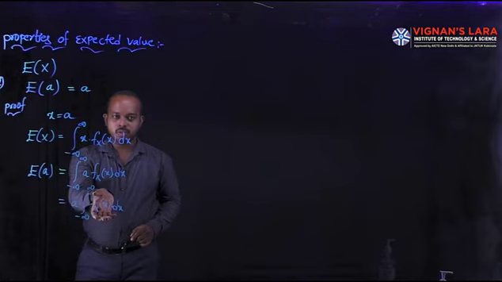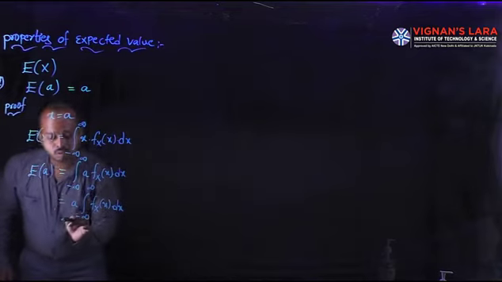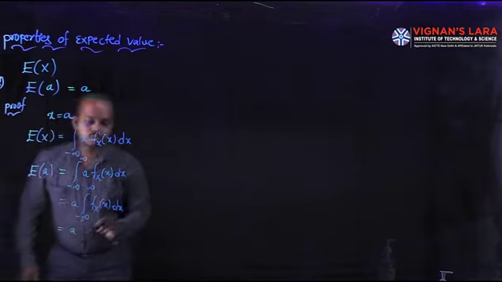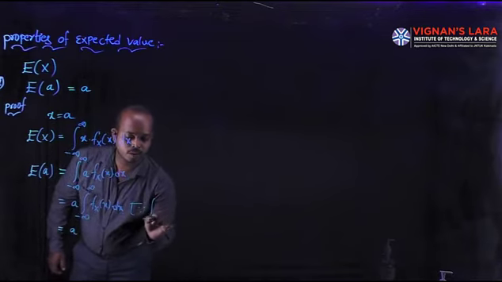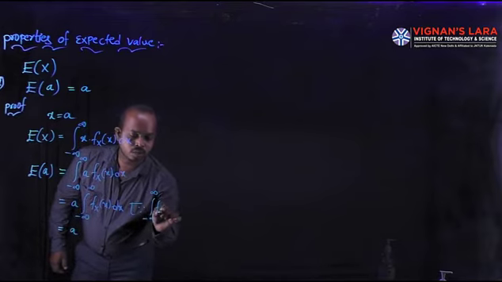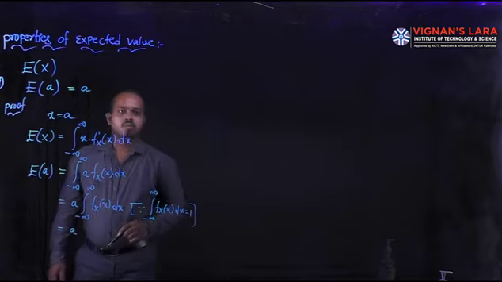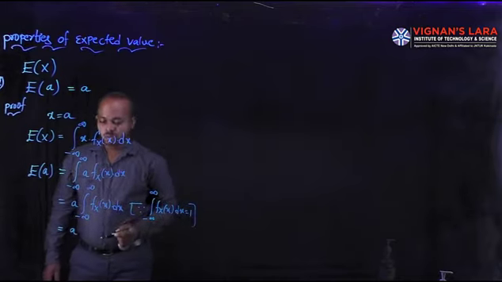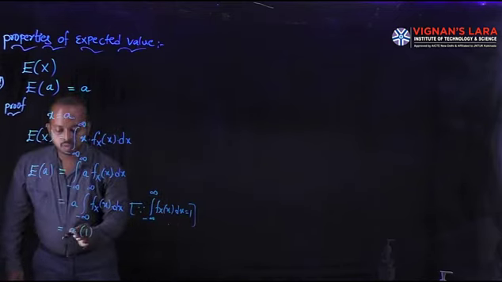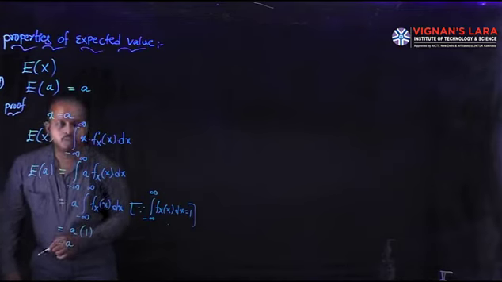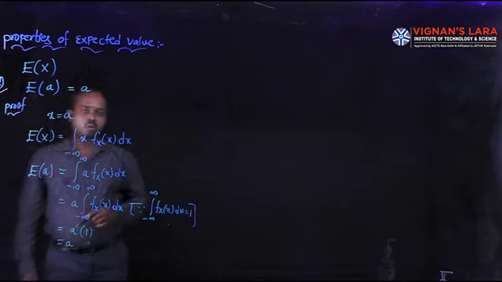The second term represents the basic definition of the probability density function, and according to that, its value is unity. Since the integral from minus infinity to plus infinity of f_X(x) dx is equal to 1, from the essential properties of the probability density function, I replace it with 1. Multiplying a with 1, we obtain a. This is the first property, the expected value of a constant.